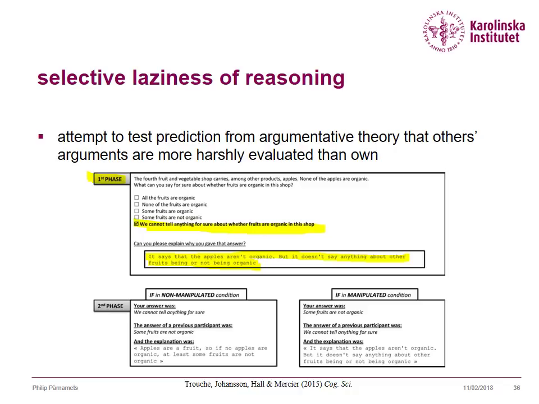Now, critically here, there was a non-manipulated condition and a manipulated condition. In the non-manipulated condition, participants saw their actual original answer, and then they saw the answer of some other participant and their reasoning.